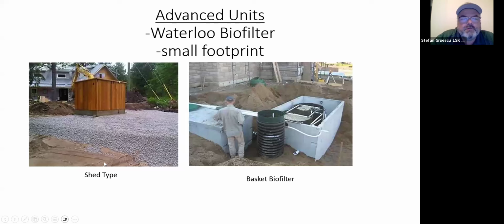So in terms of a shed, we can see that the stone here and the sand layer, the shed is basically open on the bottom. So by the time the effluent trickles down these foam sponges, it's very clean. It just gets released into this stone layer and into this sand layer. So that's the main advantage of these systems, is they take up a very small footprint because the effluent is treated before it leaves. It's put back into the ground.